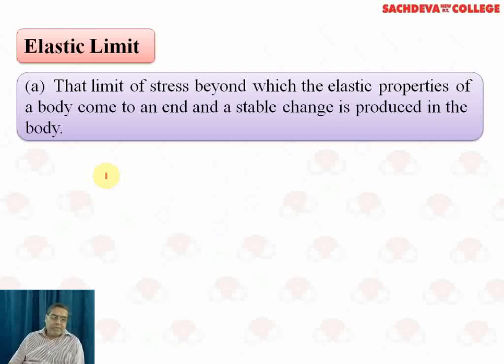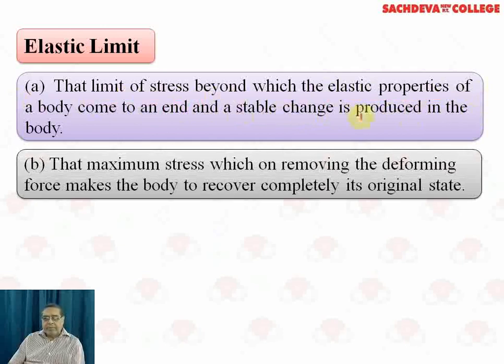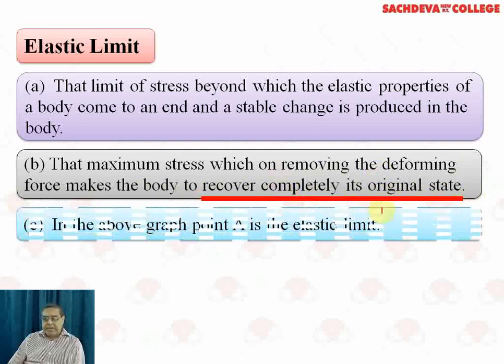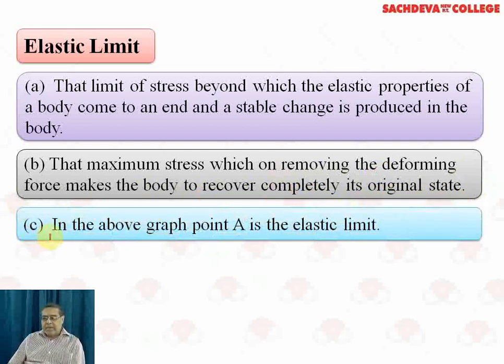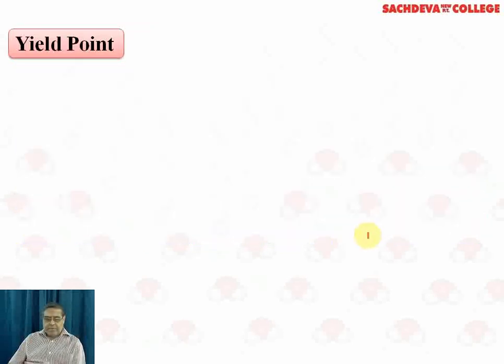Now the main concept is the limit of stress beyond which the elastic properties of the body come to an end and a permanent change is produced in the body. Another way to say it is the maximum stress which, on removing the deforming force, makes the body recover completely its original state. In the graph, point A is the elastic limit.